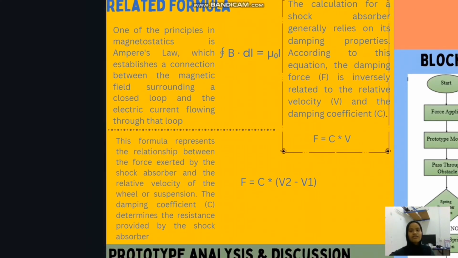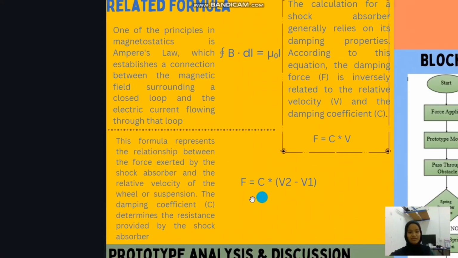And the third formula, which is the last formula, represents the relationship between the force exerted by the shock absorber and the relative velocity of the wheel or suspension. The damping coefficient C determines the resistance provided by the shock absorber and is a characteristic of the specific shock absorber being used.